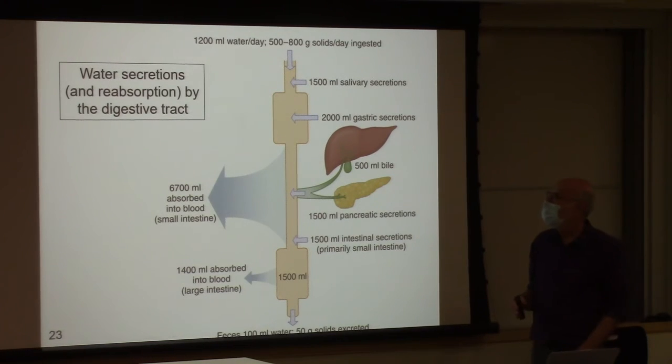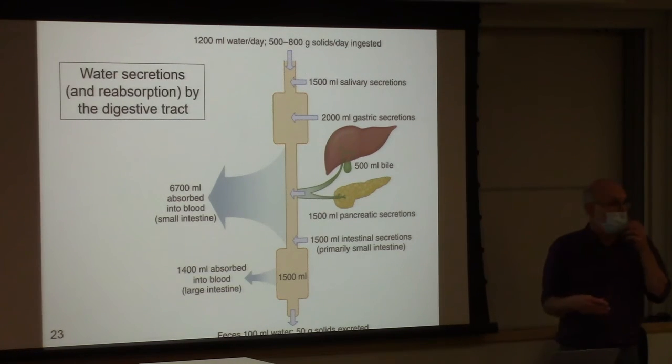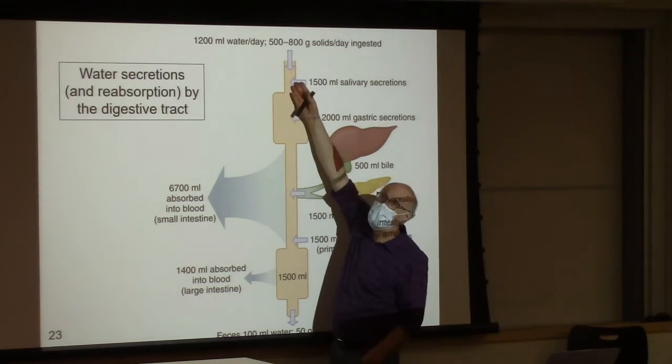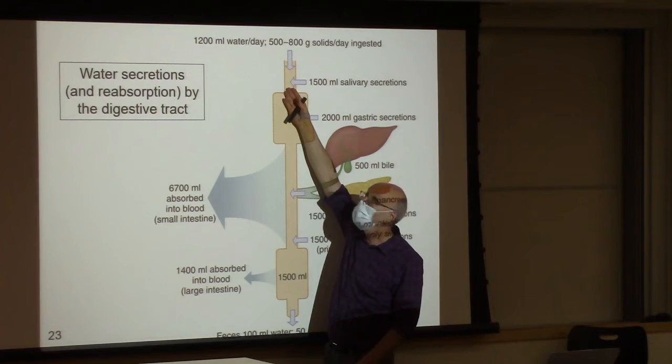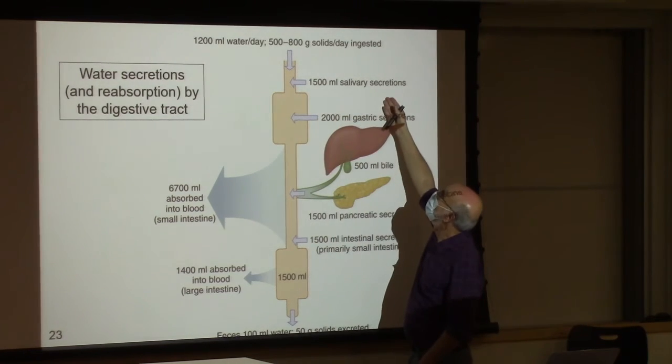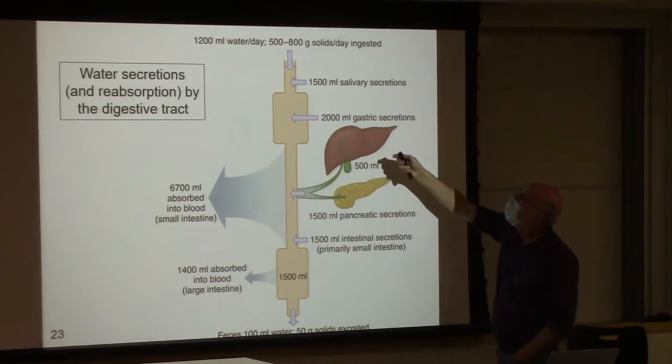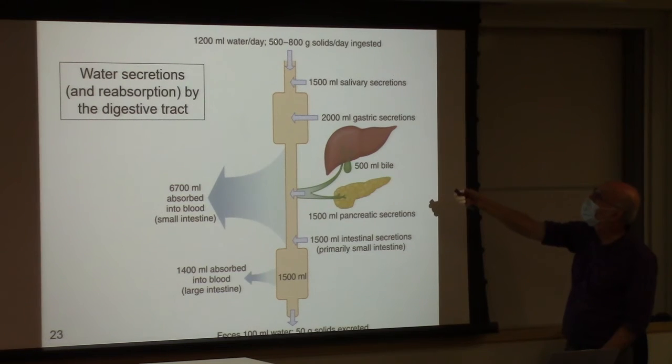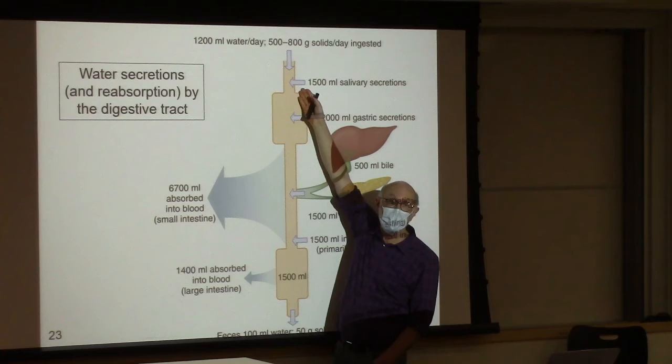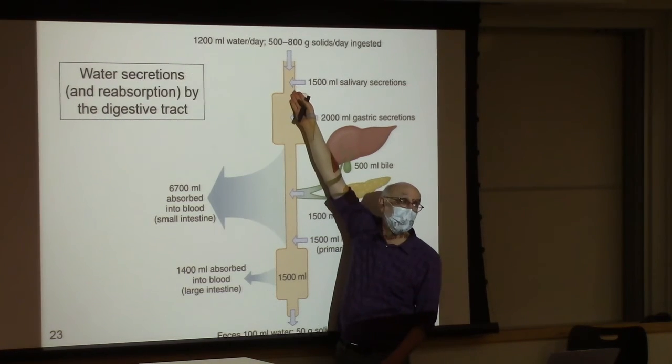Let's finish with water. So you drink about 1 liter of water a day, maybe more. You get about a half a liter of water from your foods. You secrete 1 to 2 liters of saliva, that's mostly water.